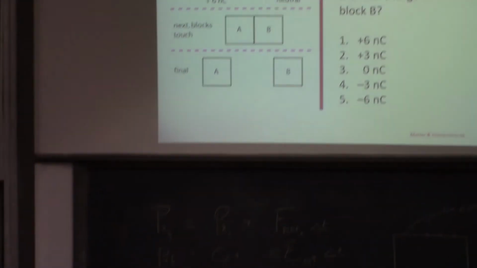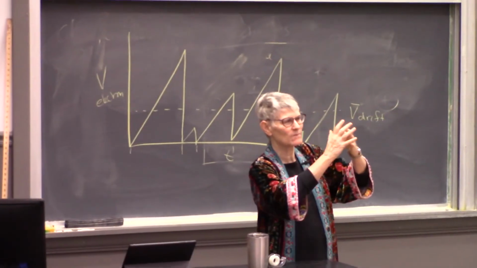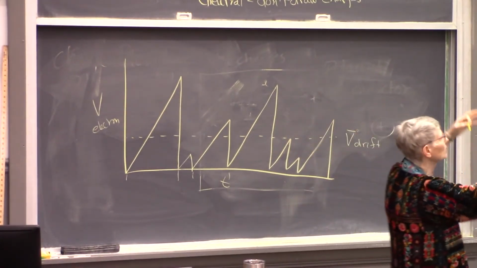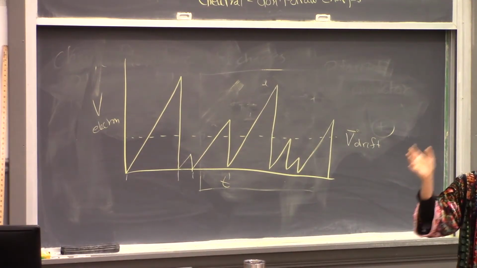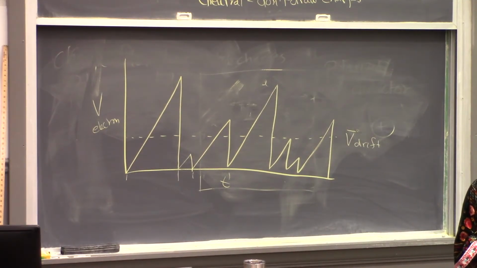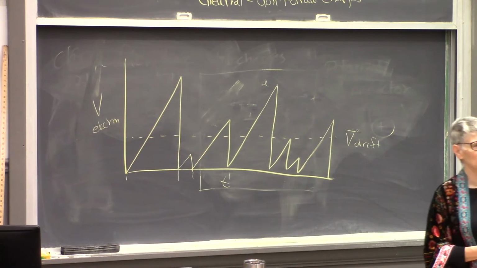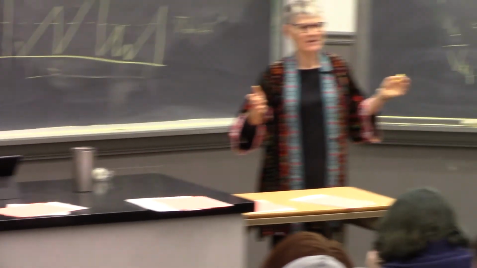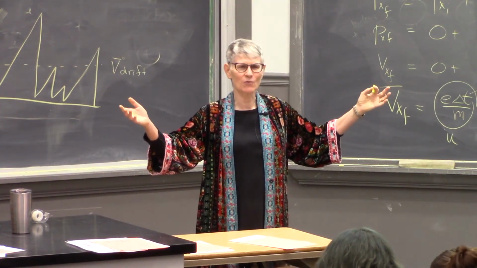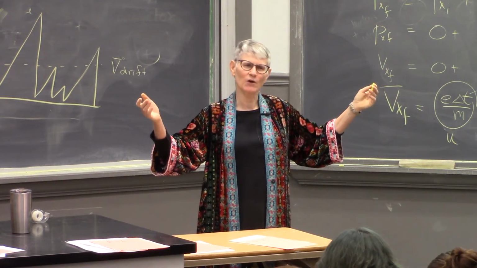Yeah, 2 is correct. The charge spreads out equally across these identical blocks. Why? Well, equilibrium is sort of a fairly profound way of saying it, but the mechanism is the excess positive charges don't particularly want to be close together.